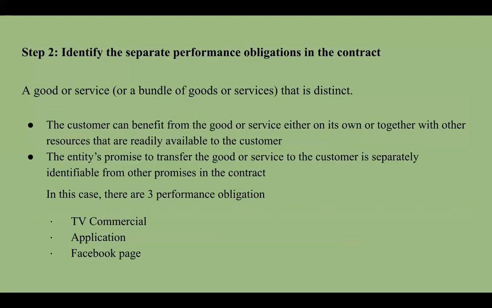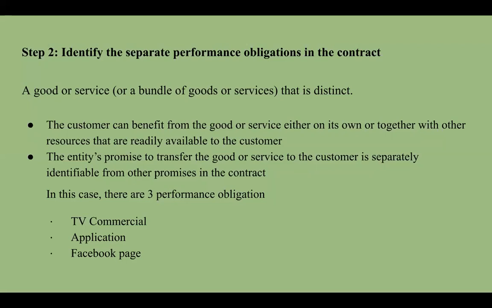The second step, identify all separate performance obligations in the contract. This is for a group of services, a bundle of a group of services that is identified. According to ASC 606-10-25-19, a group of services is promised to the customer if it is distinct, meeting both of the following criteria.